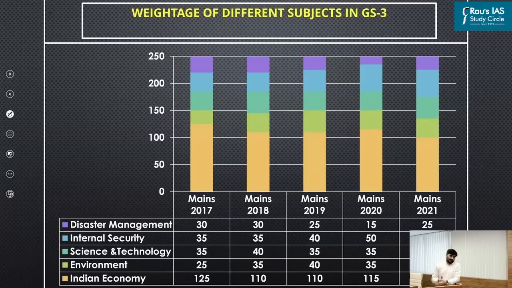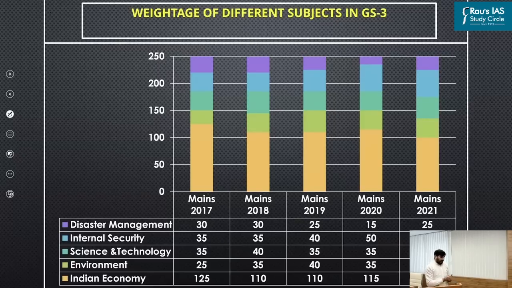As such, there have been no large surprises with respect to the weightage of different subjects in GS paper 3. Whatever weightage UPSC had earlier given to these subjects in the previous mains examinations, the same weightage has continued in this year's mains examination as well. That is the first thing that you must understand from the perspective of GS paper 3.